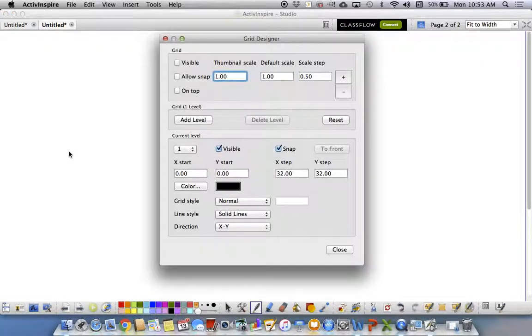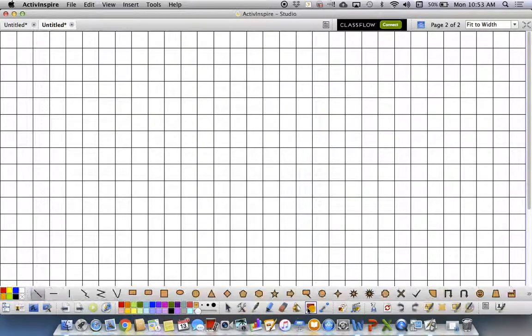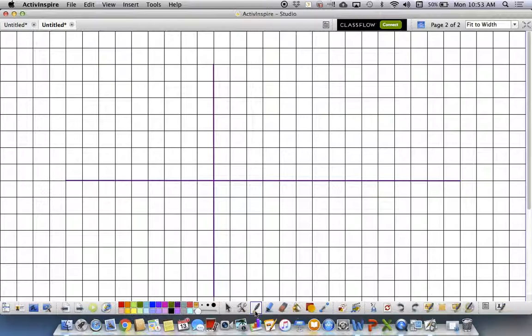On grid paper, let's have a triangle. So here we go. A, B, C. So we have a triangle A, B, C. Go ahead and draw that.